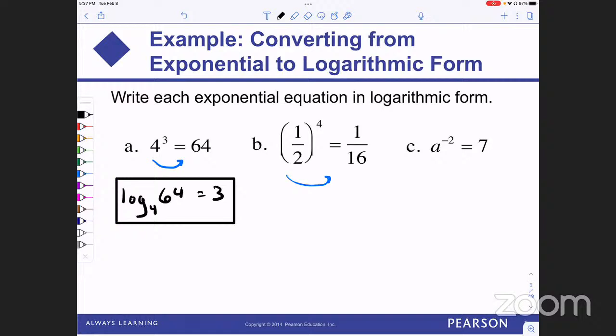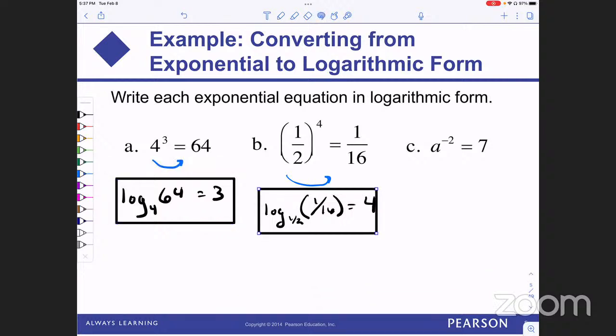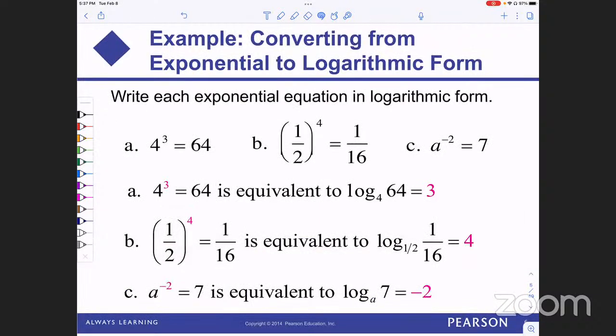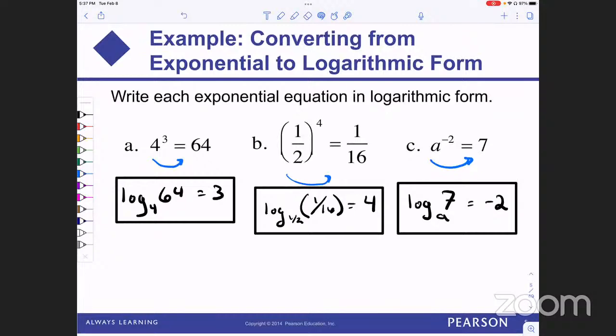So then we have log base 1/2 of 1/16 equals 4. And the log of 7 base a equals -2.